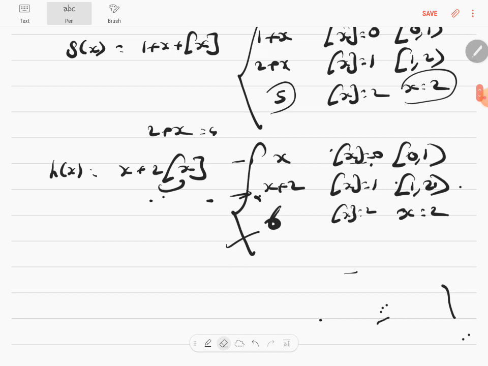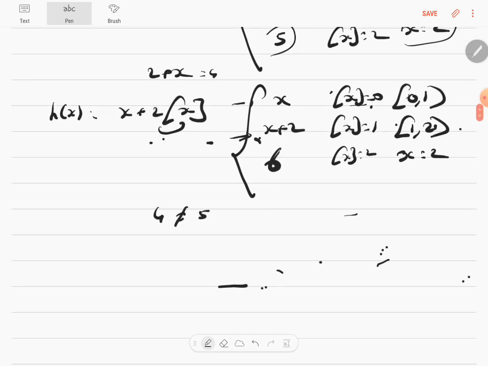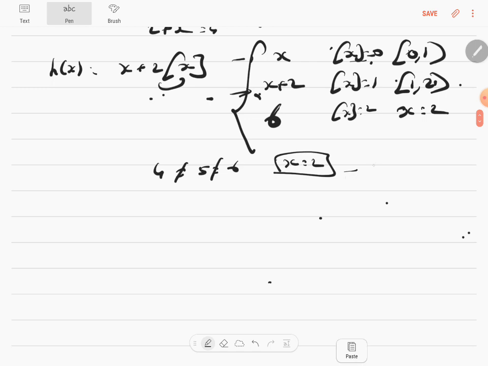Can you see that the limit is changing? 4 is not equal to 5 is not equal to 6 at x equal to 2, so the limit does not exist at x equal to 2. So m is the number of points, so m is equal to 1.